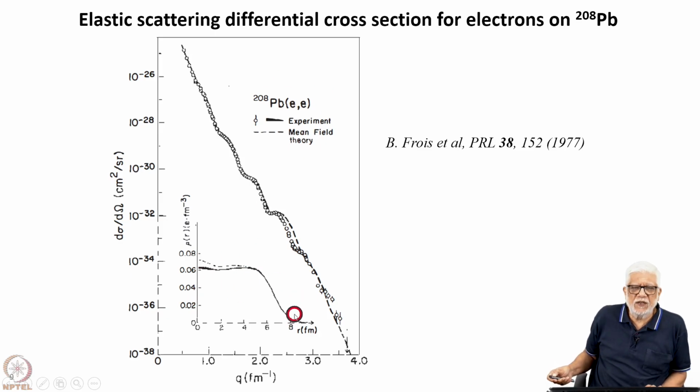So, as I said, if you do the inverse Fourier transform, once you have the cross section as a function of Q squared, then you can invert that and get the electric charge density as a function of r, and this is what is plotted here.